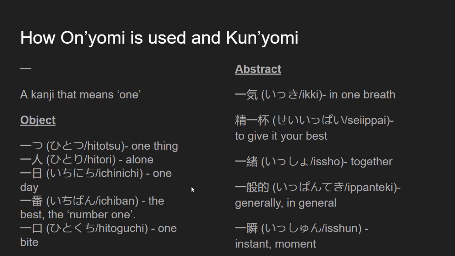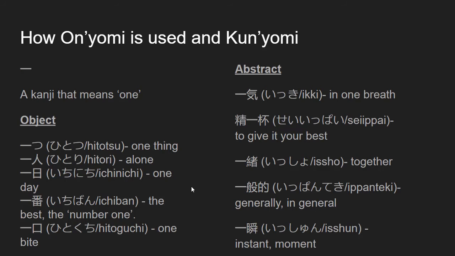So here you're going to use on'yomi. Here it uses kun'yomi. Even this one is an exception, because even though it's two kanji, you're using kun'yomi, which is hitotsu. That's just the one kanji, so it makes sense for it to use the kun'yomi. But this is two kanji, and it uses both the kun'yomi readings.